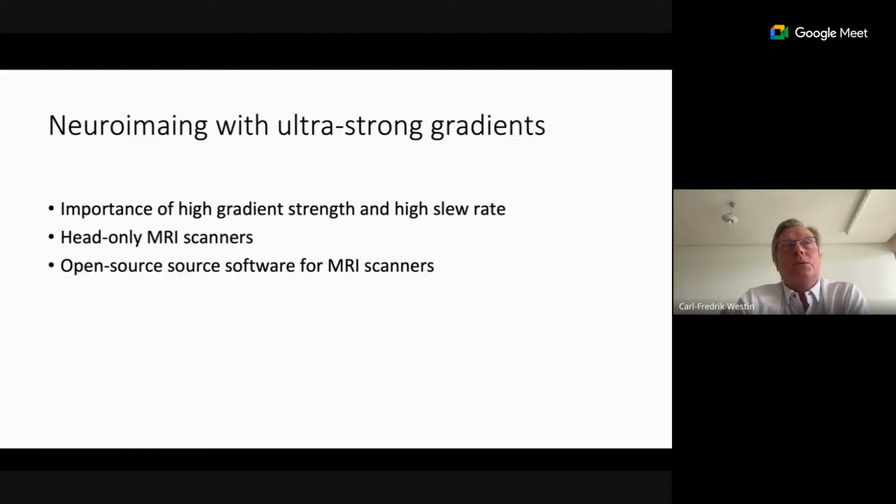And the last thing, also an exciting trend, is that we have had open source software in many domains, but MRI scanners have been a closed system. In the past 2 years, people are developing open source software and can share it, and that will make all the developments much faster and more robust.